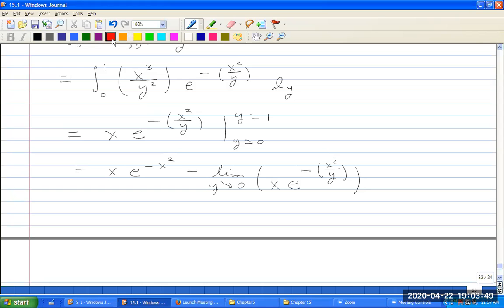So this whole term just goes to 0. So this is equal to x e to the minus x squared.